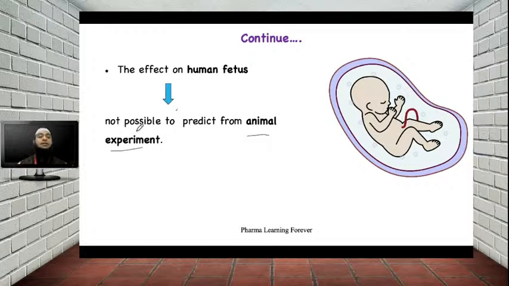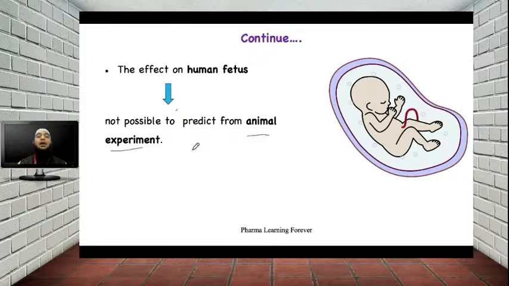But in such cases, the effect on the human fetus is not always possible to predict from animal experiments, because in many cases a drug that shows a bad effect in animals does not show a similar effect or similar intensity of adverse effect in human beings. Likewise, a drug that was safe in animals is sometimes not safe in pregnant women.